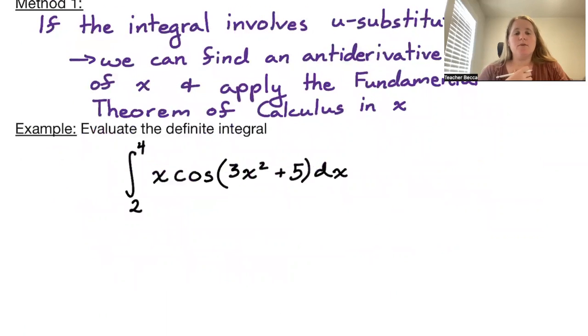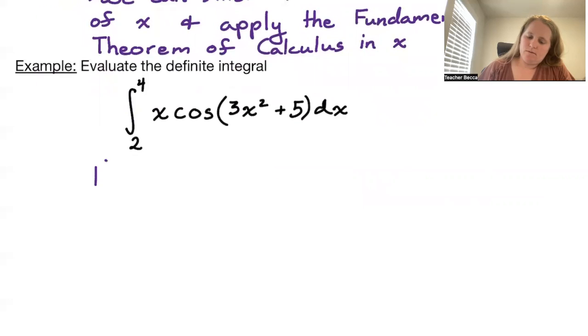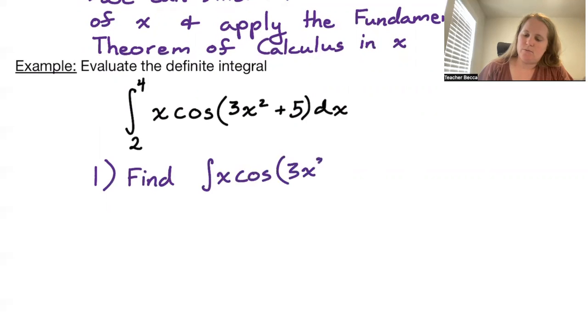So for example, if we wish to evaluate the definite integral from 2 to 4 of x times cosine of 3x squared plus 5 dx, we could first find the indefinite integral of x cosine of 3x squared plus 5 dx, trying to find an antiderivative.